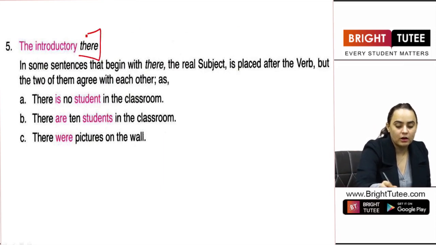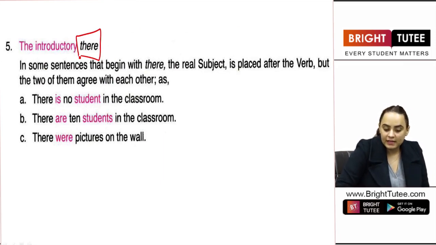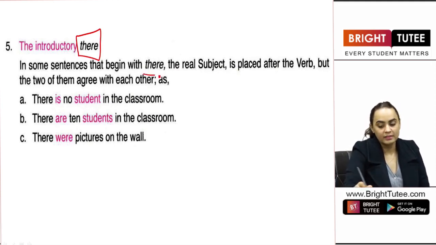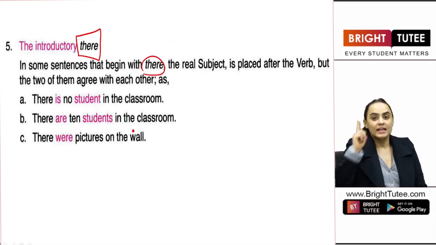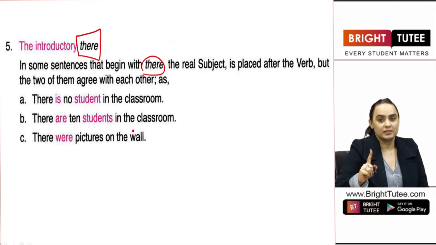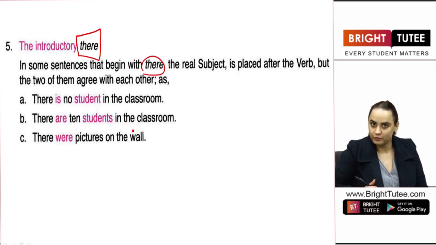If I am beginning a sentence with the word there, what happens in that case? In that case, obviously, when the sentence is beginning with the word there is not a subject. In those sentences, the subject is placed after the verb. Okay?